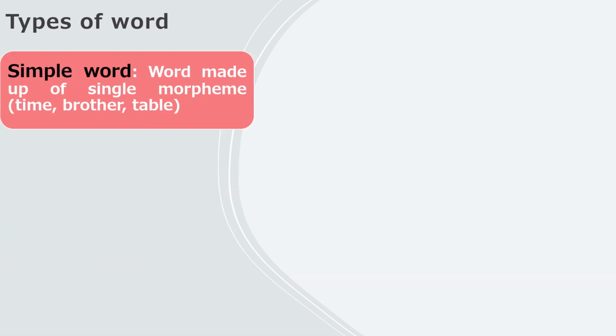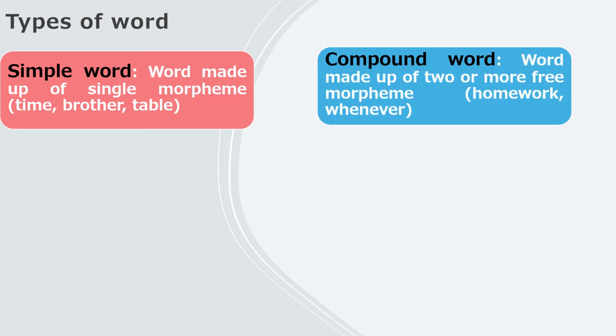Now we know what a morpheme is and what the two different classifications of morpheme are. Based on this classification of morphemes, we can categorize words into three different categories. The first one is the simple word, which is a word made up of a single morpheme. Tame, brother, and table are some examples of simple words.